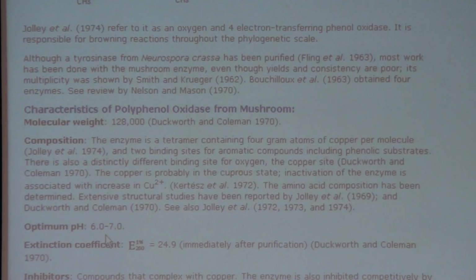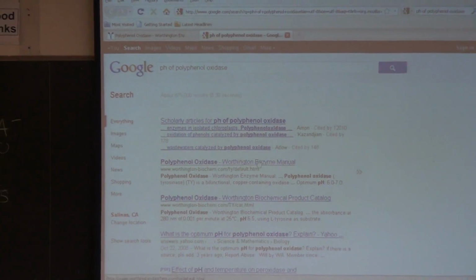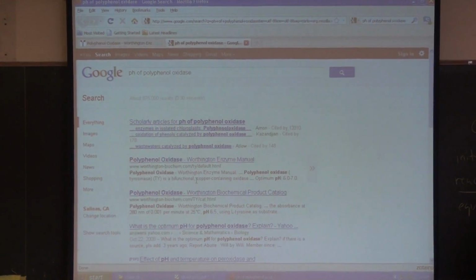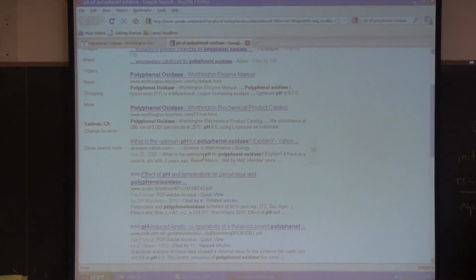What is it for apple? So you're saying what is it for apple? PPO and pH of apple. Okay, here's one.